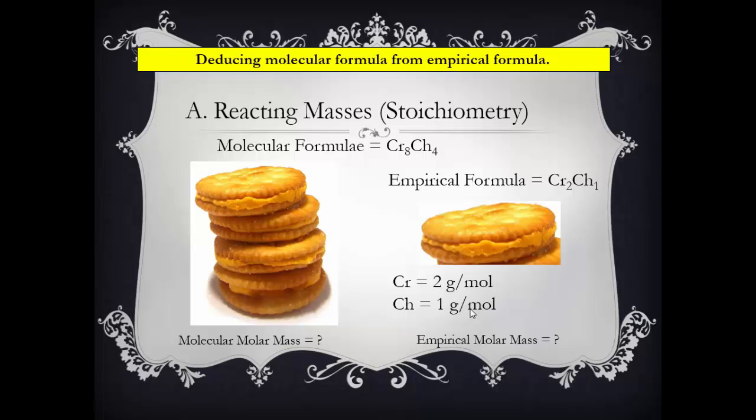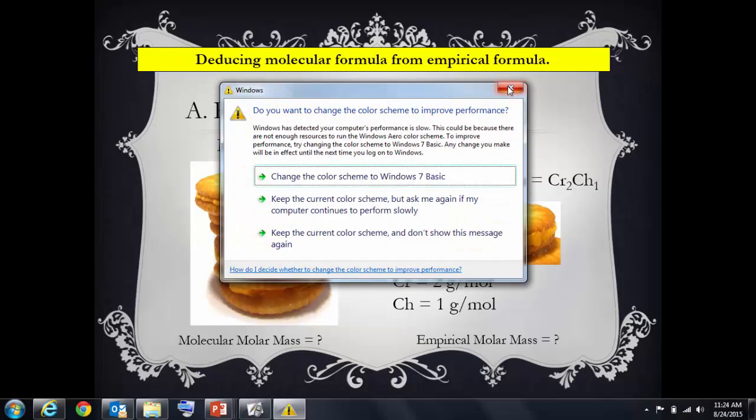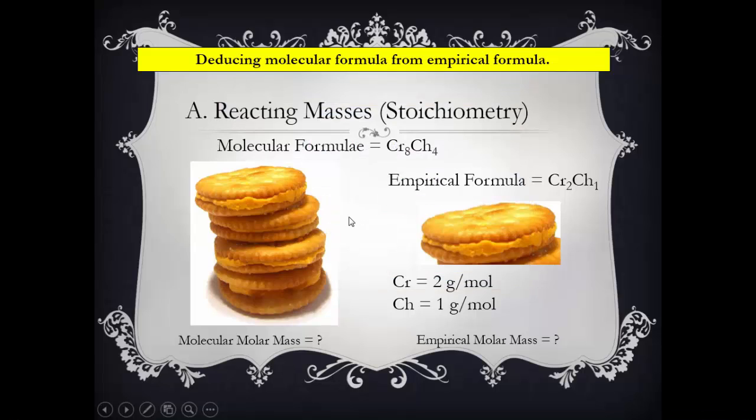The molar mass for the molecular is 20 grams, because there's 8 crackers. 8 times 2 is 16, and there's 4 cheeses, so plus 4. And the empirical molar mass would just be 5.